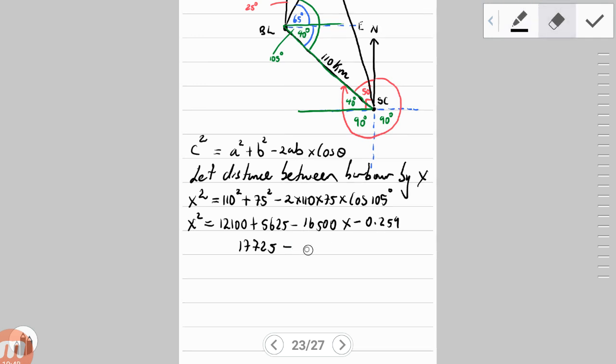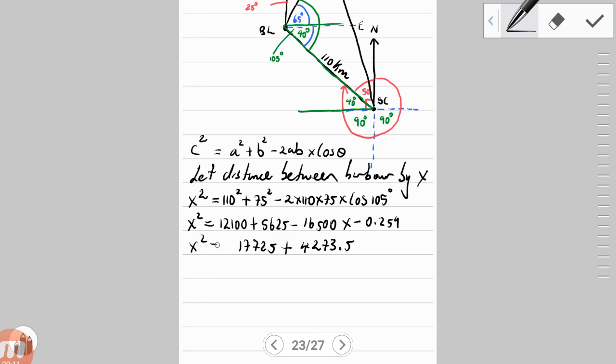Pardon me, we're not going to subtract as yet. We're going to follow the principle of PEMDAS and simply multiply. So negative multiplied by negative is a positive, and 16,500 multiplied by 0.259 works out nicely to be 4,273.5.